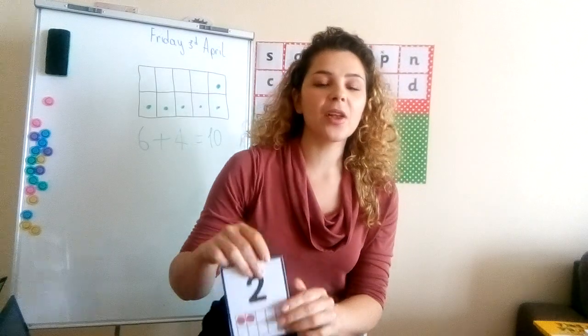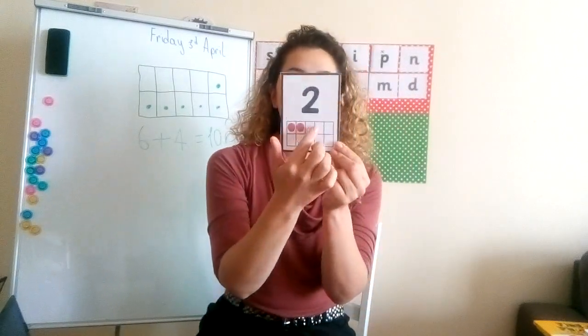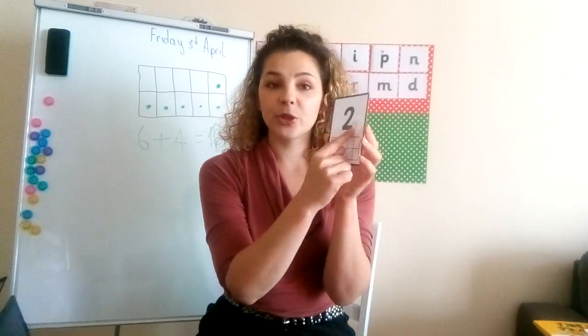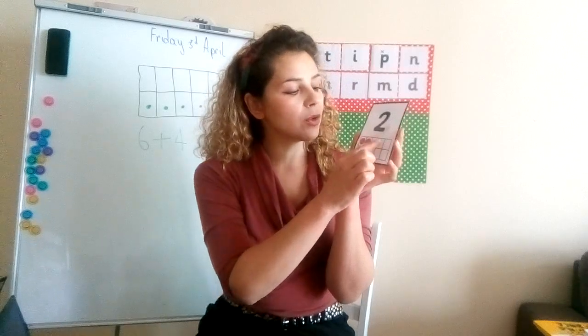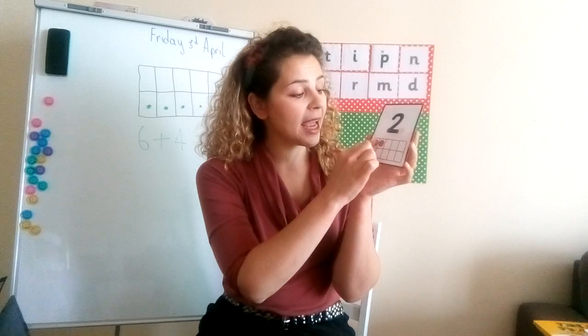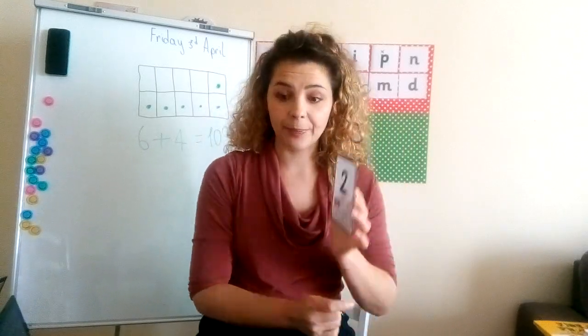Let's take a look at another one. Number 2, yes, we have 2 covered and the rest are not. So how many do we need to add to number 2 to get to 10? We just count the uncovered ones. 1, 2, 3, 4, 5, 6, 7, 8. So 2 plus 8 equals 10, okay?